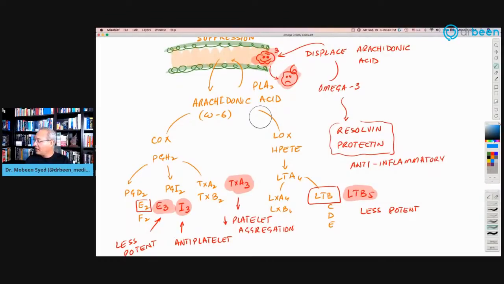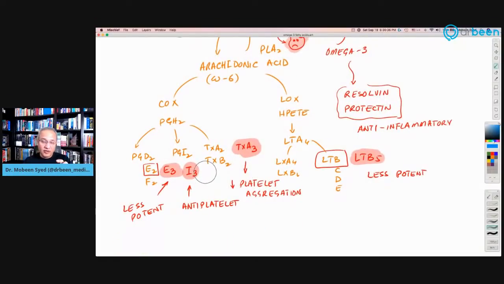If you see here, when we have omega-3, instead of making PGE2, prostaglandin E2, we make PGE3. PGE3 is a less potent inflammatory substance. Similarly, instead of making prostacyclin, which is PGI2, we make PGI3. And PGI3 is actually an antiplatelet, so it is anti-inflammatory. Platelet aggregation would cause thrombus formation, so this would help reduce thrombus formation.